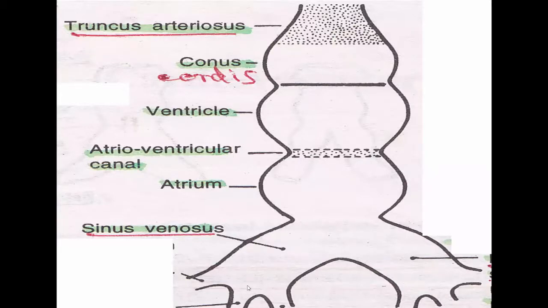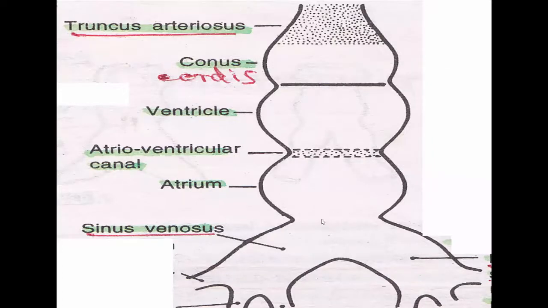So this much we said, and also I told you that there are two cardinal veins. They also carry deoxygenated blood from the body of the embryo. And I also told you that this is the central part of the sinus venosus. This is the atrium proper. And here there will be an opening, what we call the sinuatrial orifice.